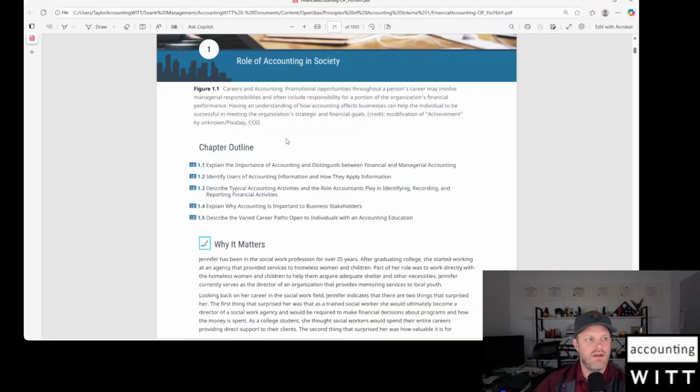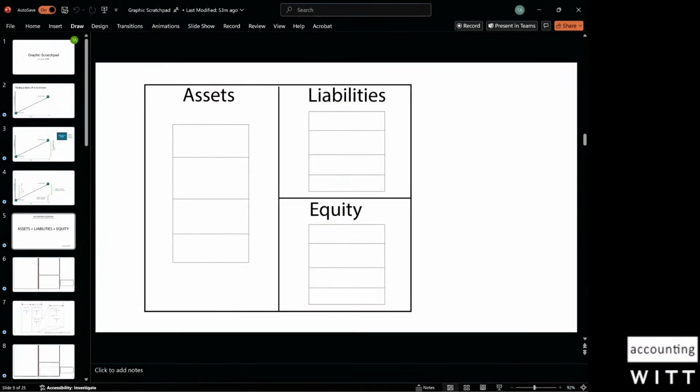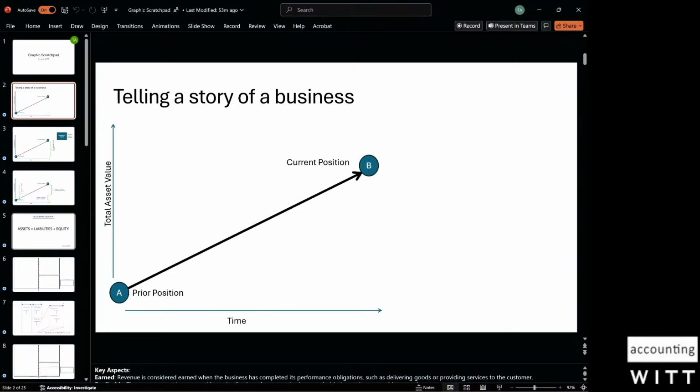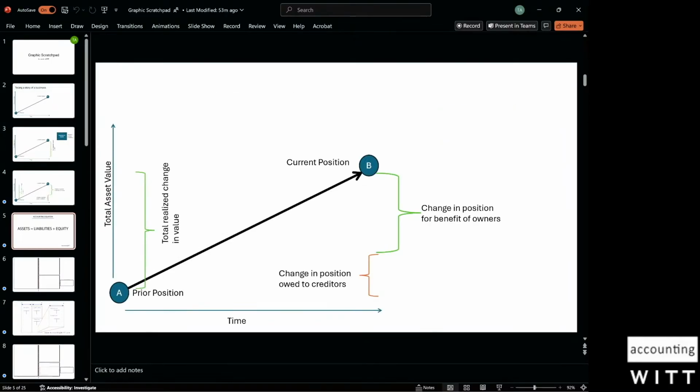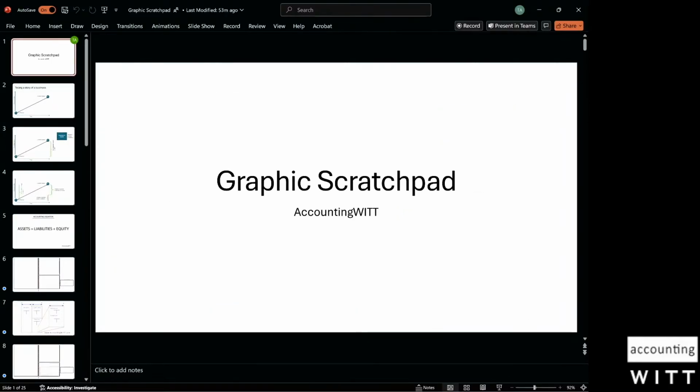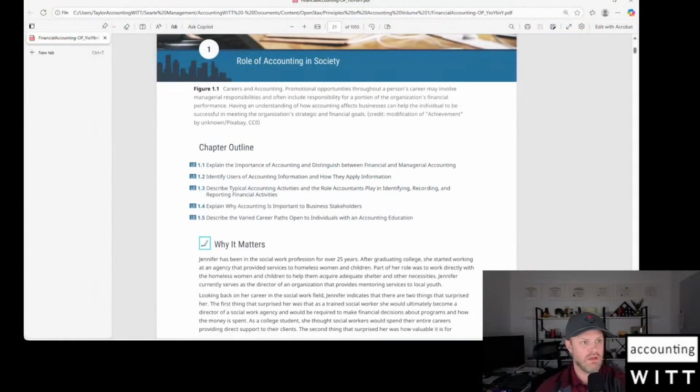So what I've done in preparation for this is I went through and put together all the graphics that I've created in the past. As we go along in the textbook, I'm going to create and update graphics.